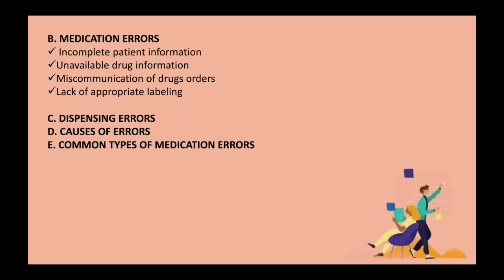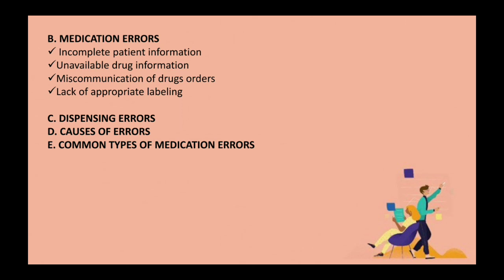Then staff shortage, so that is also a part of error which can occur. Then similar drug names. Then no time to consult. Then illegible prescriptions. Then misinterpreted prescriptions. So these are the errors which come during prescription handling.